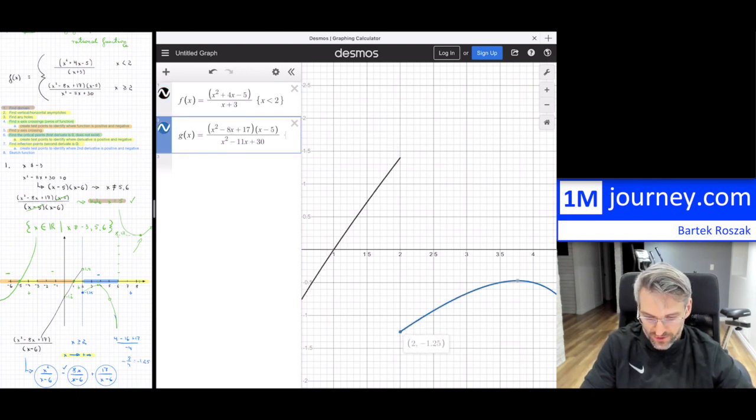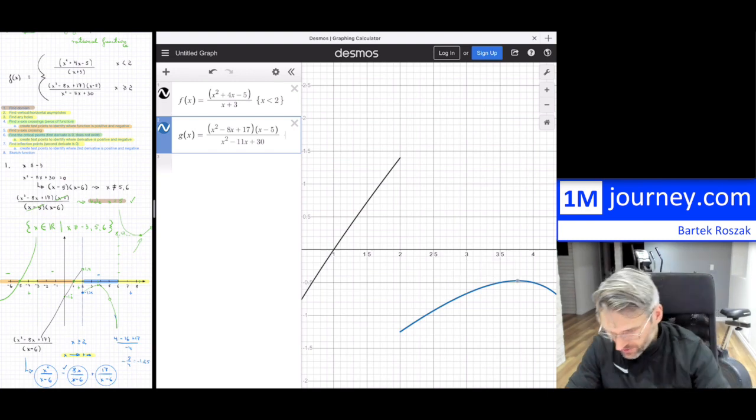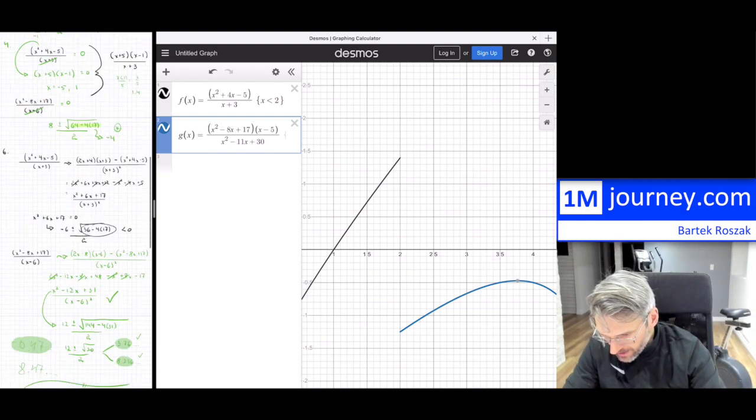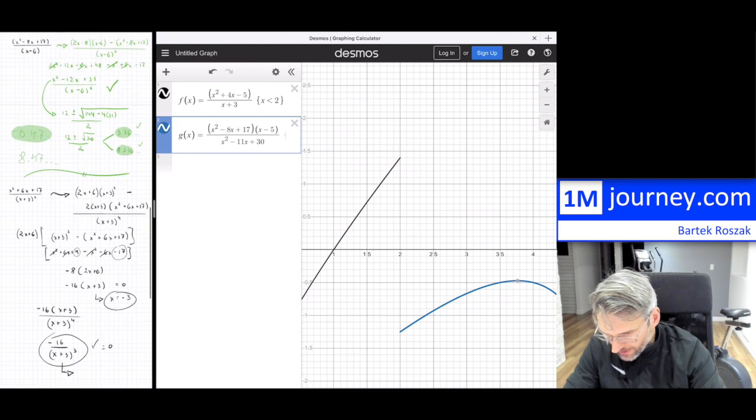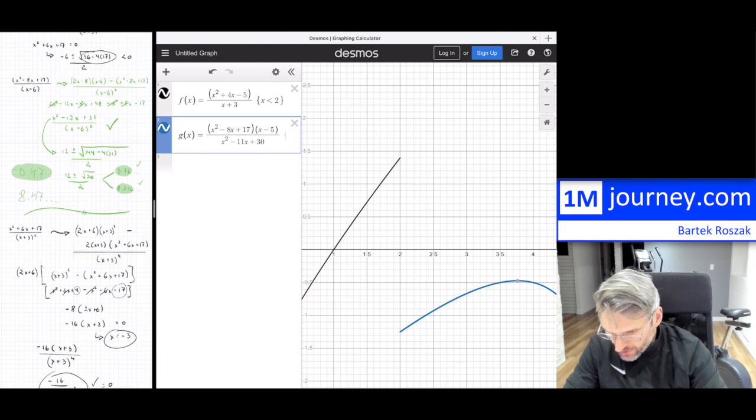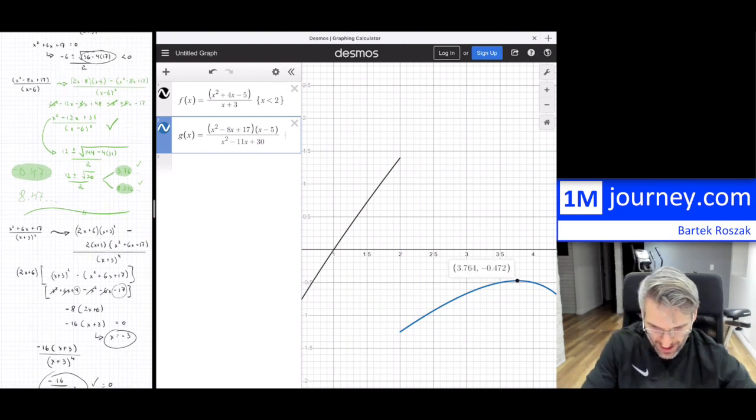Over here, -1.25, that's what we got. This point, which was our local maximum, had a y value of -0.472 and an x value of 3.756. That's what we had. Let's see here for the derivatives. Where was it? 3.7. Okay, so we had that. That works out great.